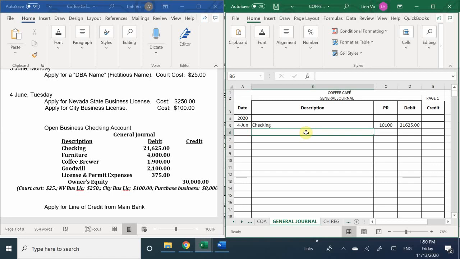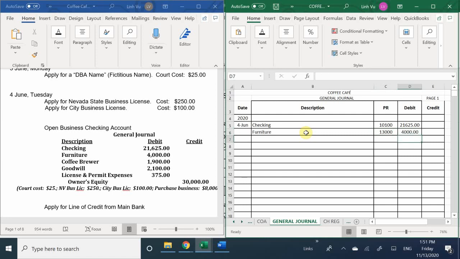Now the second thing that I'm going to start listing out is everything that I've made prior to having my checking account. So I bought furniture, which was account number 13,000, I believe. And I bought it for a grand total of $4,000.